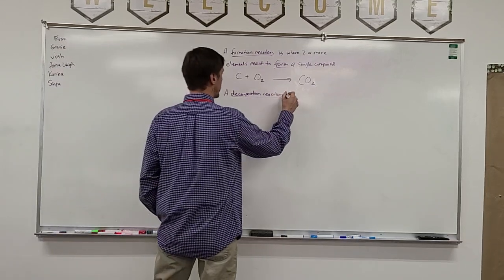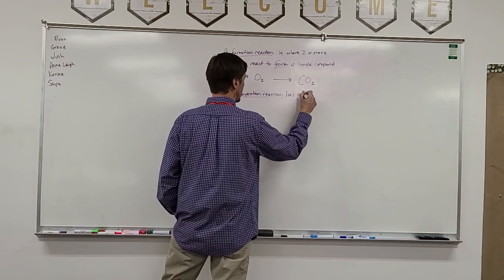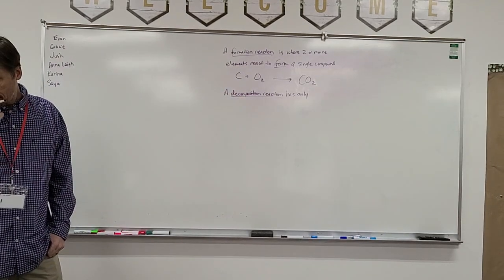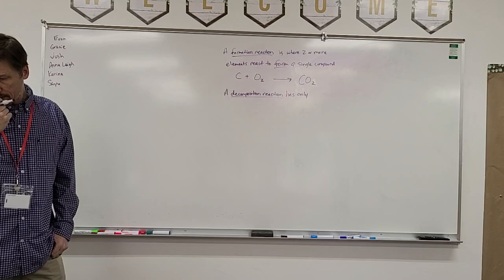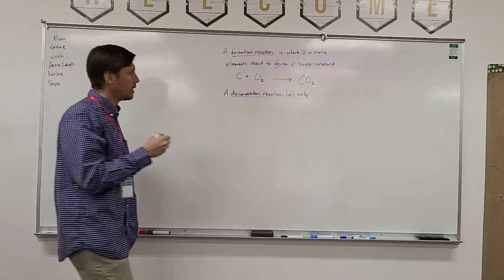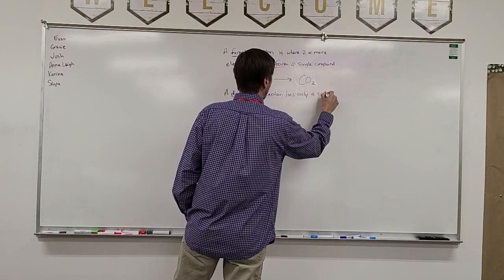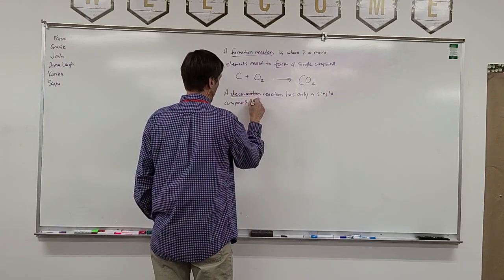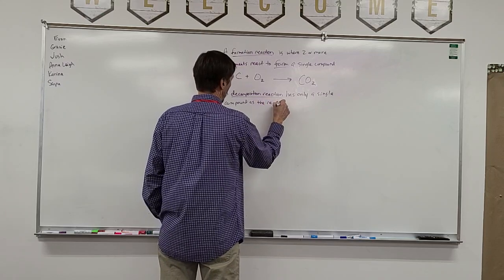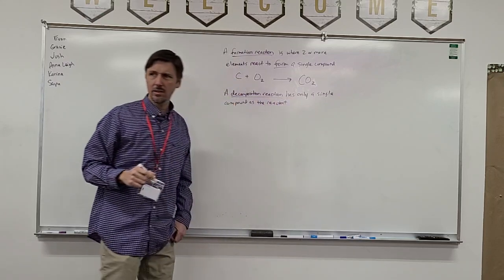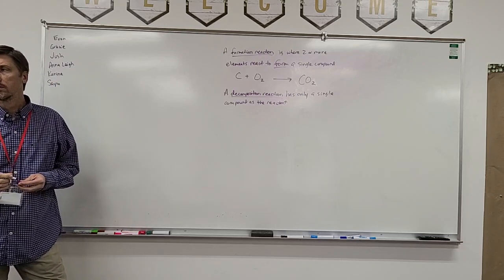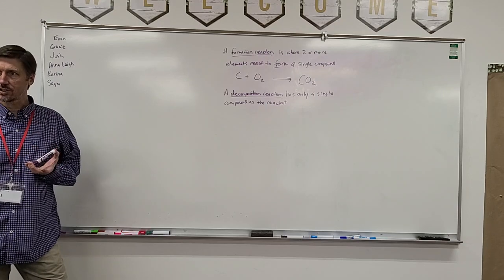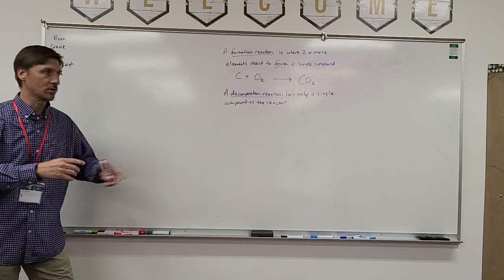So a decomposition reaction has only a single compound as the reactant. What do I mean when I say reactant? We're talking about chemical equations. The left side, that's the reactants, and the products are on the right side, right?